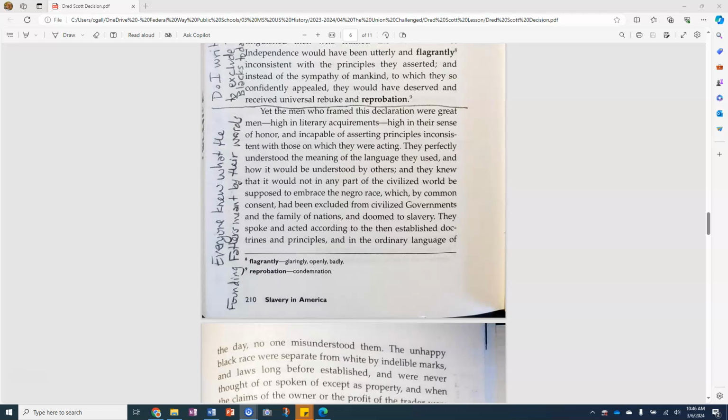So he says there's no way these guys would have meant to include blacks as part of that language about citizenship and freedom, and rights. That there's no way they could have said one thing and done another thing in their private life, okay?